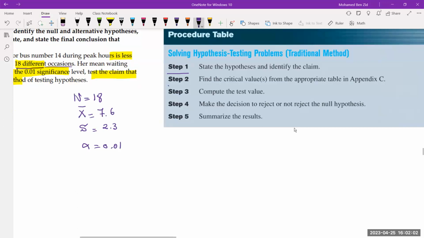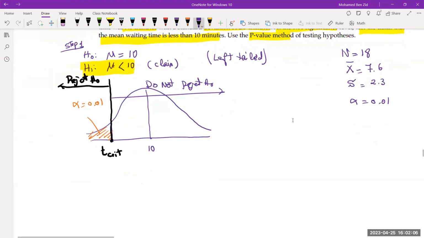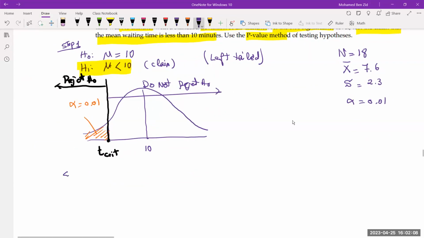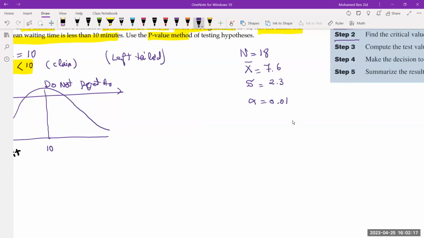And in step 2, we want to find the critical values, right? After doing this, we need to identify that we are using the T table. So here n is less than 30, and sigma is not known, right? One of them is enough, by the way, to use the T table.